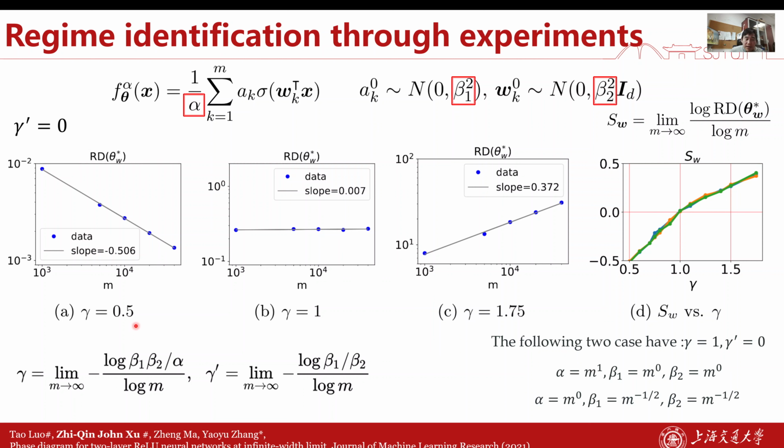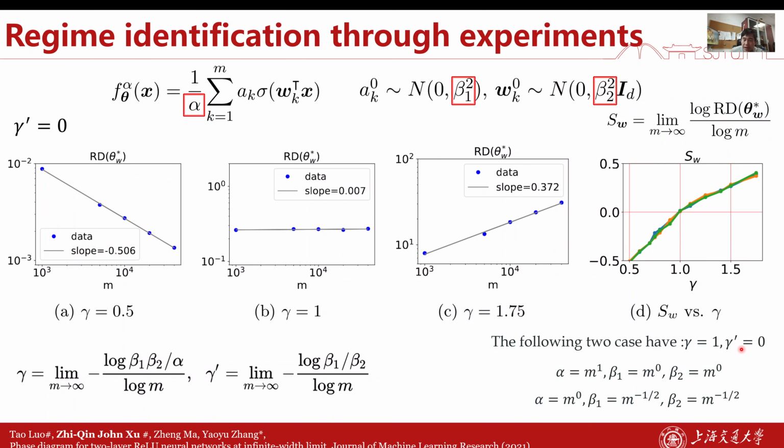For the linear regime, as m increases, it decreases, so the slope is negative. But for the condensed regime, its slope is positive, so the change will also go to infinity. So we can define this slope for studying their linearity. And we can see in these experiments, we have different combinations of alpha, beta 1, and beta 2, but for each point, they have the same gamma.